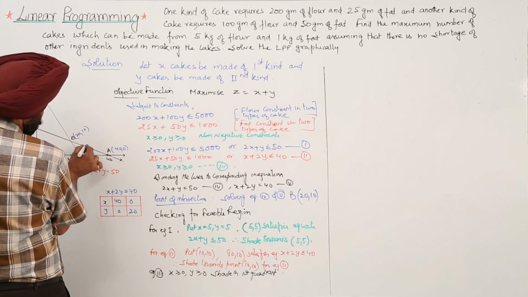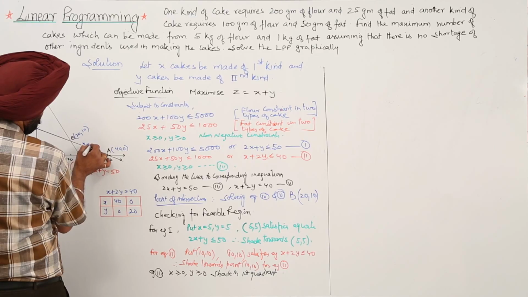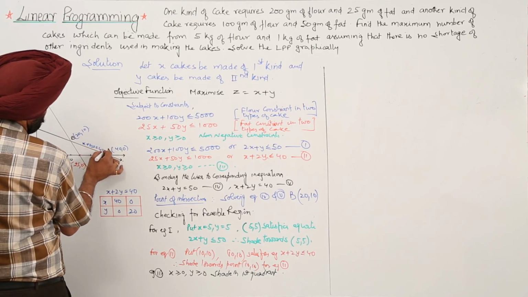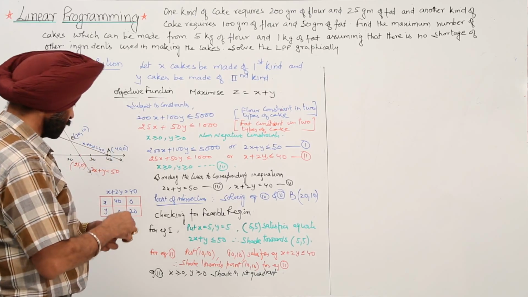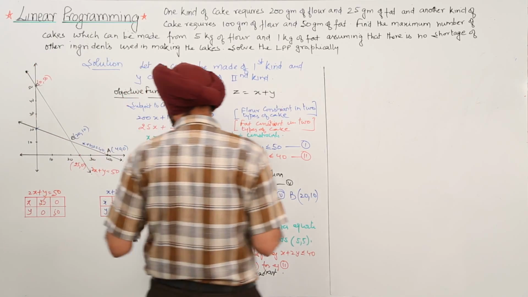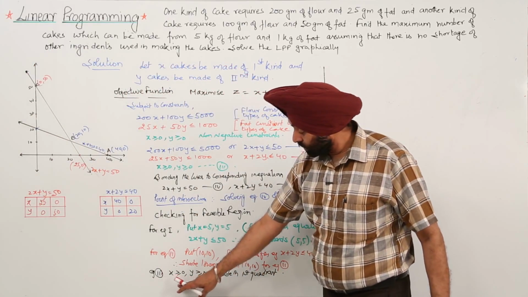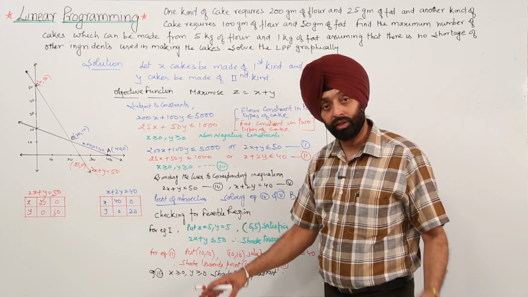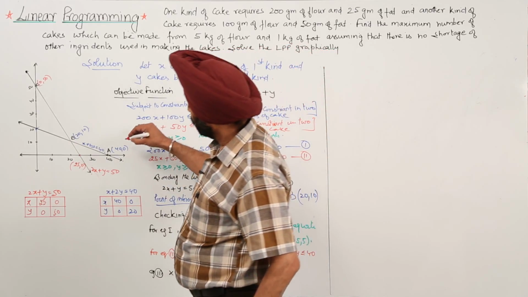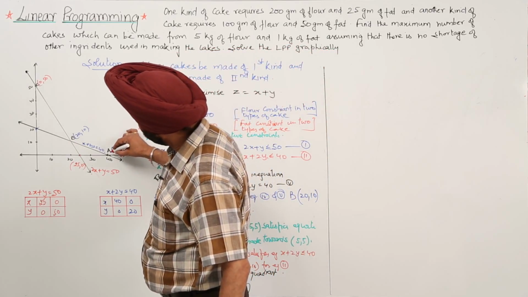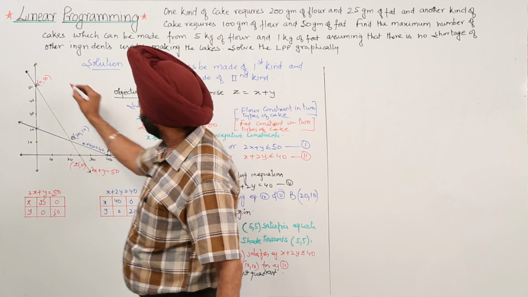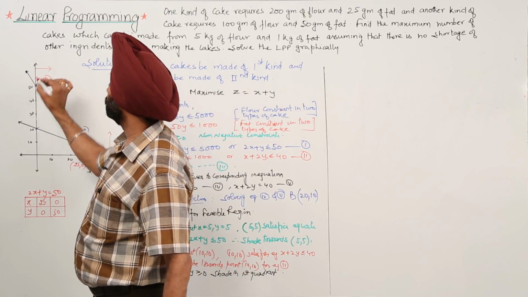Equation 2 is x plus 2y is equal to 40. First, let us move to the third part, x and y greater than or equal to 0. Y greater than or equal to 0 is this side and x greater than or equal to 0 is this side.